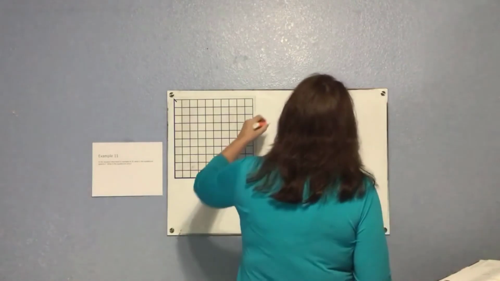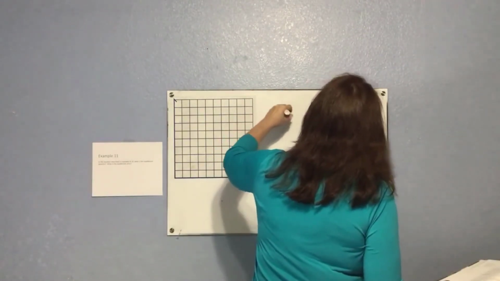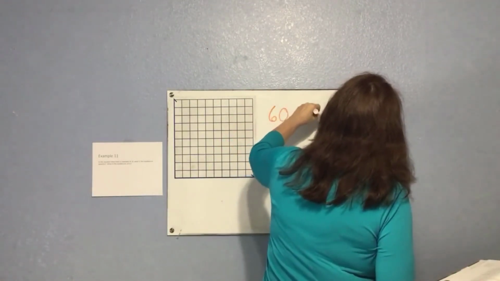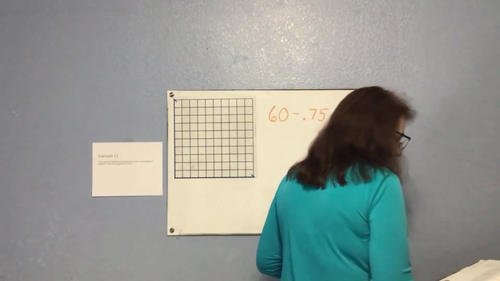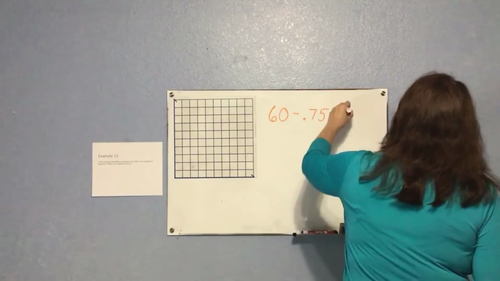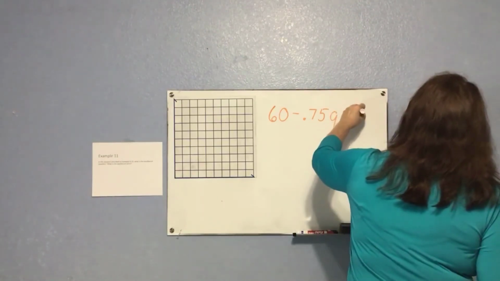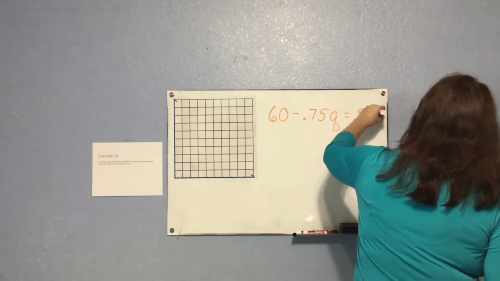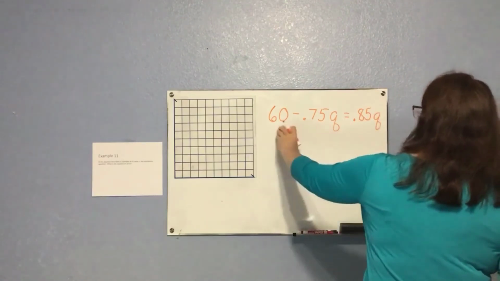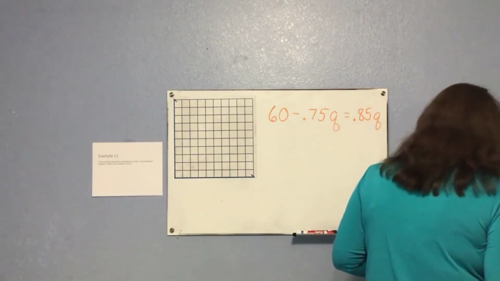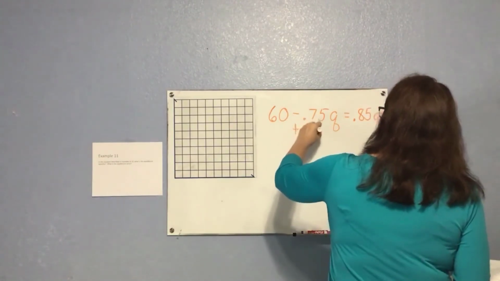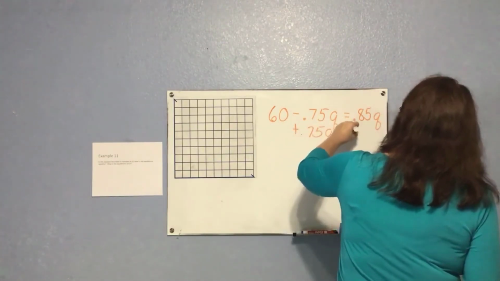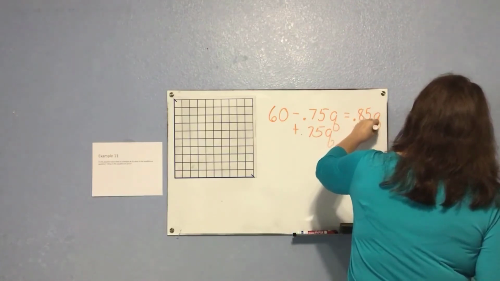My demand equation was 60 minus 0.75 Q. And my supply equation was 0.85 Q. So when these two things are equal, I'm at equilibrium. So I'm going to add 0.75 Q to both sides.